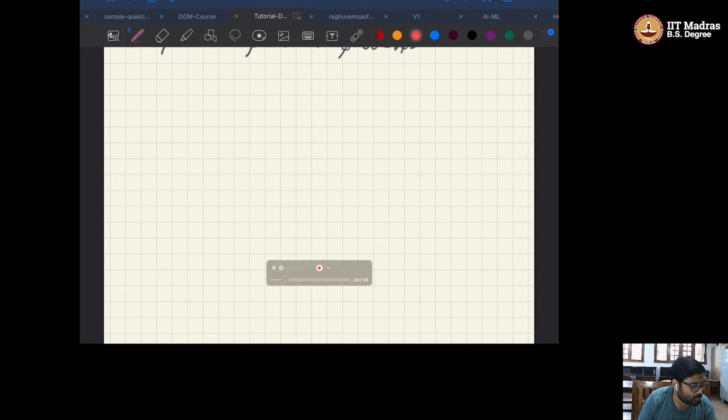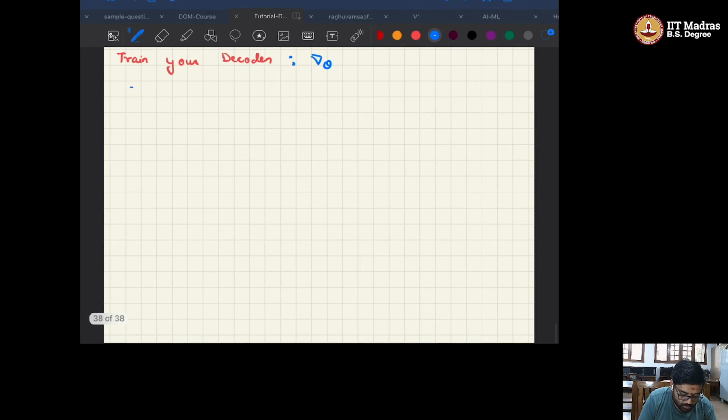Now to train your decoder, that is you want to take the gradient with respect to theta, J theta of phi, this will be the gradient with respect to the expectation over the variational latent posterior of log of p theta of x given z, plus the gradient with respect to theta of this DKL term.